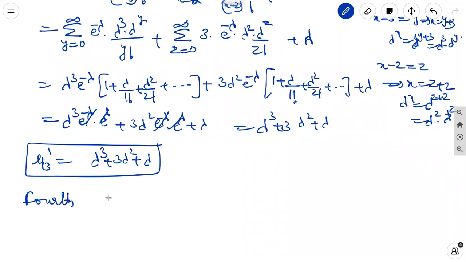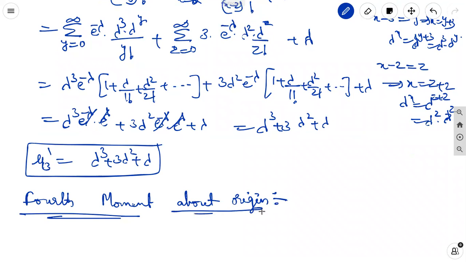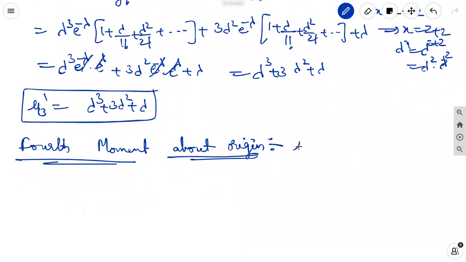Next one is the fourth moment about origin. That is, fourth moment means mu 4 dash is equal to expectation of x power 4, that is equal to summation x equal to 0 to infinity x to the power of 4 p of x.